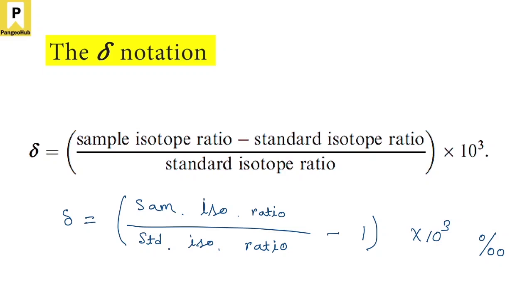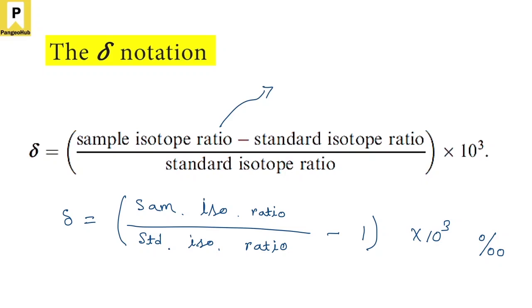Now, ultimately this delta is a relative deviation from a standard, expressed in parts per mil. Isotope ratios are expressed with the heavier isotope in the numerator and the lighter isotope in the denominator. So this isotopic ratio can be written, for example for oxygen.